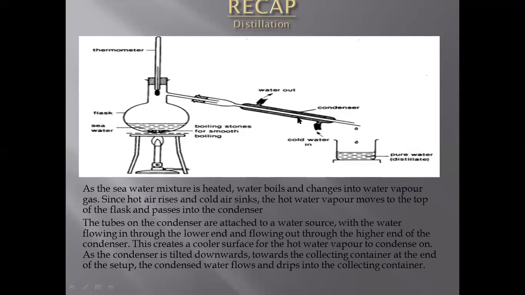How are they cooled down? Cold water is flowing in the outer tube of the condenser. That cold water cools down the hot vapor, it takes away the thermal energy of the hot vapor, and then it becomes hot. So the hot water goes out of the second outlet of the condenser. And the vapors condense into liquid, and the liquid, that is the pure water, is collected as distillate in the beaker.